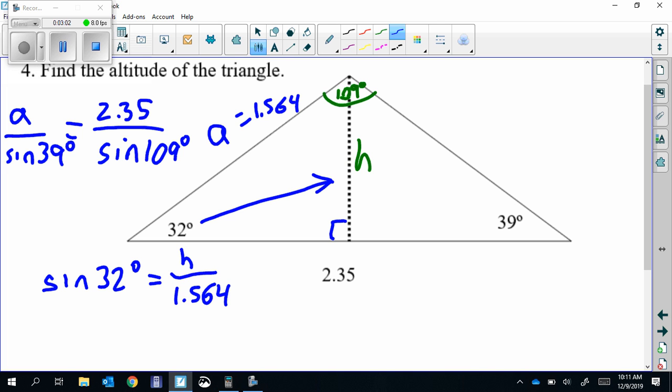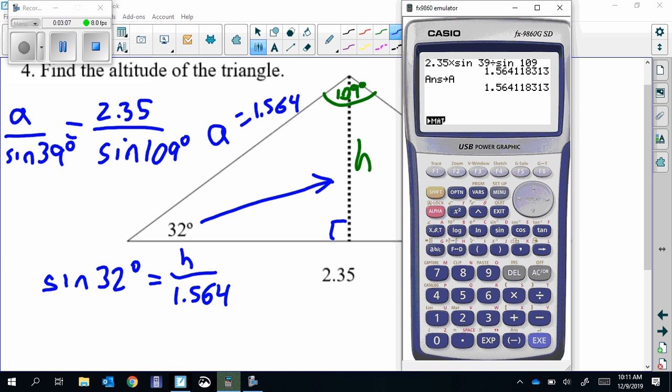And we're solving for H, so it's going to be 1.564 times sine 32. Or better yet, I'm going to use the number that I have stored there, A, times sine 32. H is .829, we'll round it to.